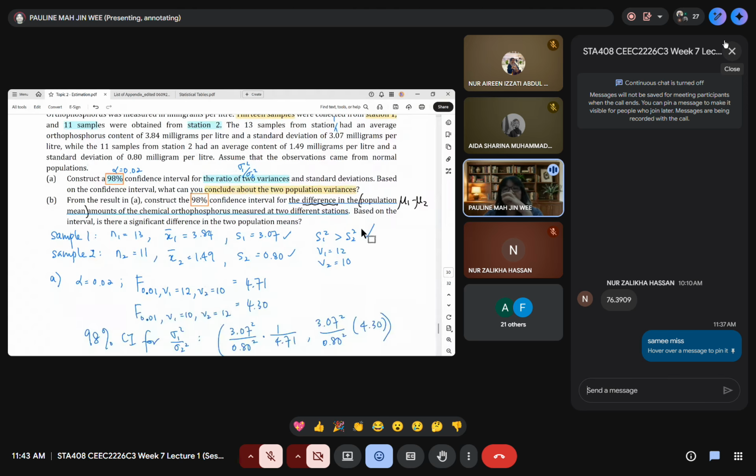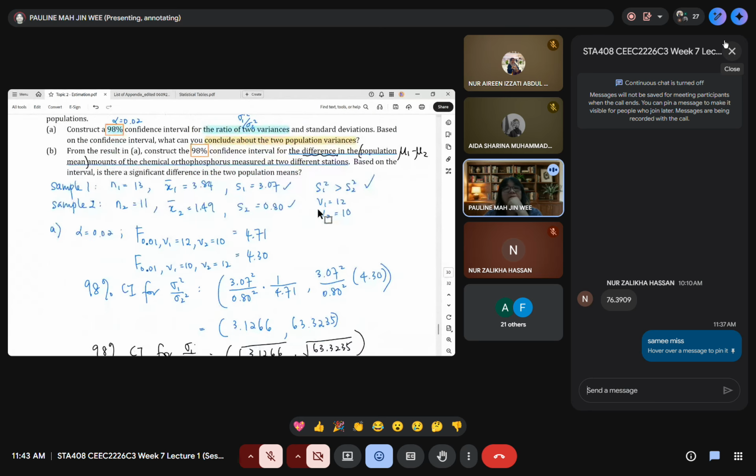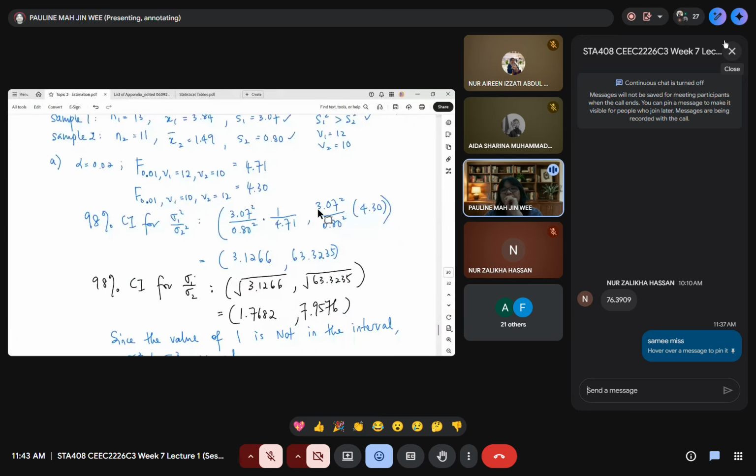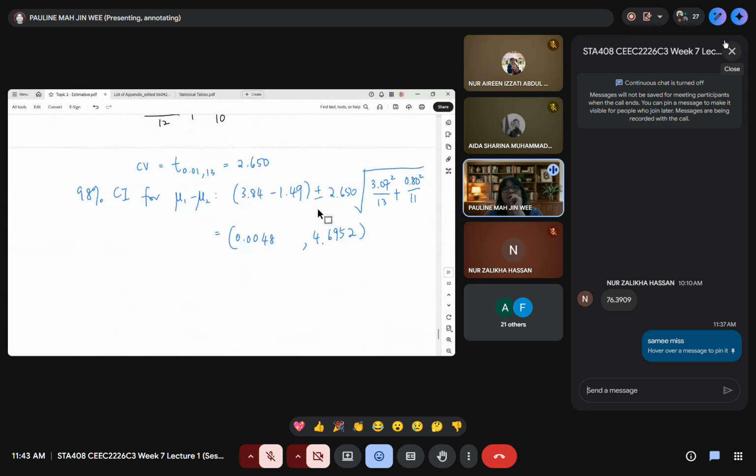But according to this question, they don't want you to interpret. They only want you to conclude. Based on the interval, is there a significant difference in the two population means? Yes or no? Based on this interval. Yes, thumbs up, no, thumbs down.